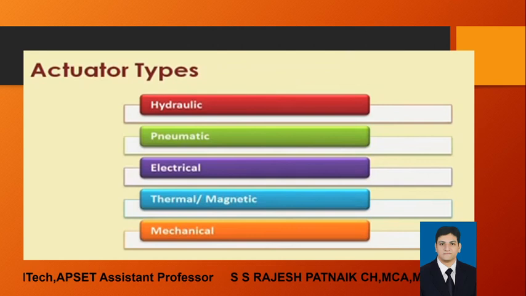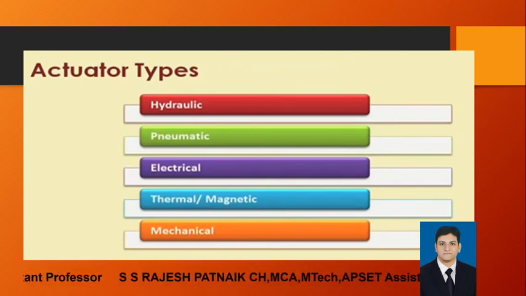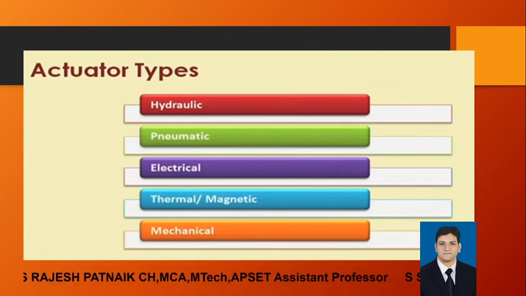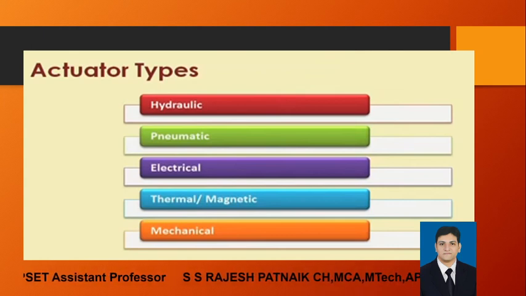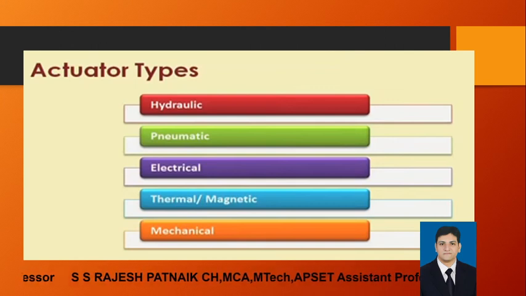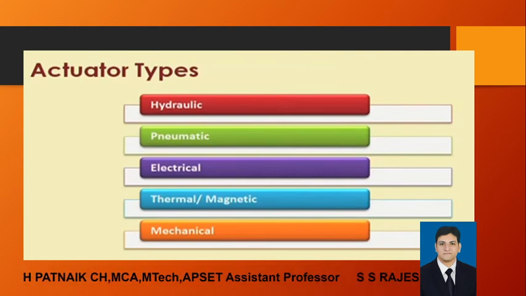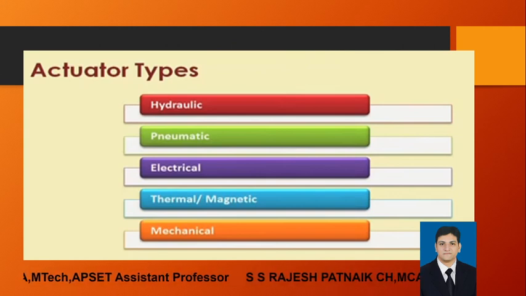Next, we have electrical actuators. Based on the electrical power, the voltage, the actuator will work. Next type, we have thermal or magnetic actuators. Based on the thermal power, that is heat, some action may be performed. Based on the magnetic force, some action may be performed. These two types, we can say, are the thermal or magnetic actuator types.